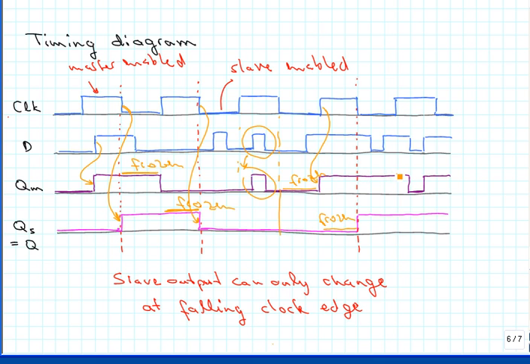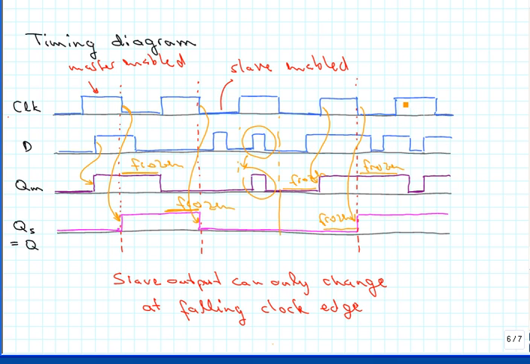And at the end of that period, during this point in time here, the master is again frozen. And whatever is stored in the master is now being passed on to the slave. So that's a consequence of this negative edge here. It goes back in there. And it goes back up high.